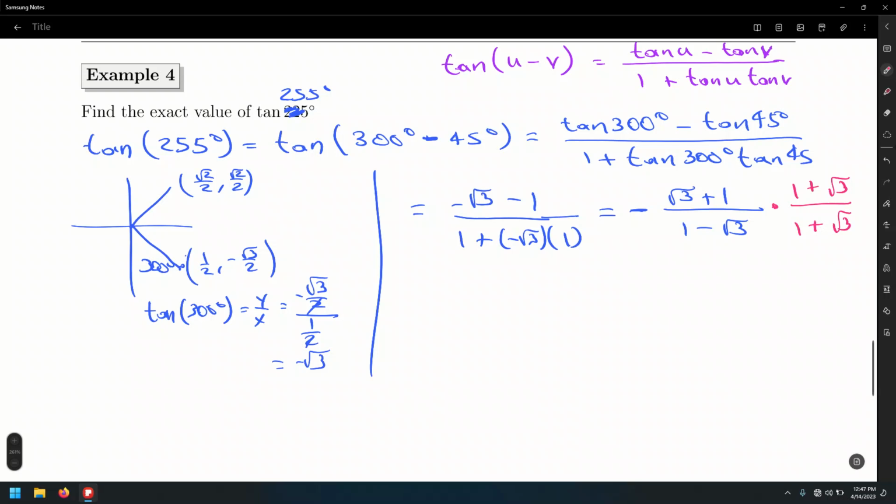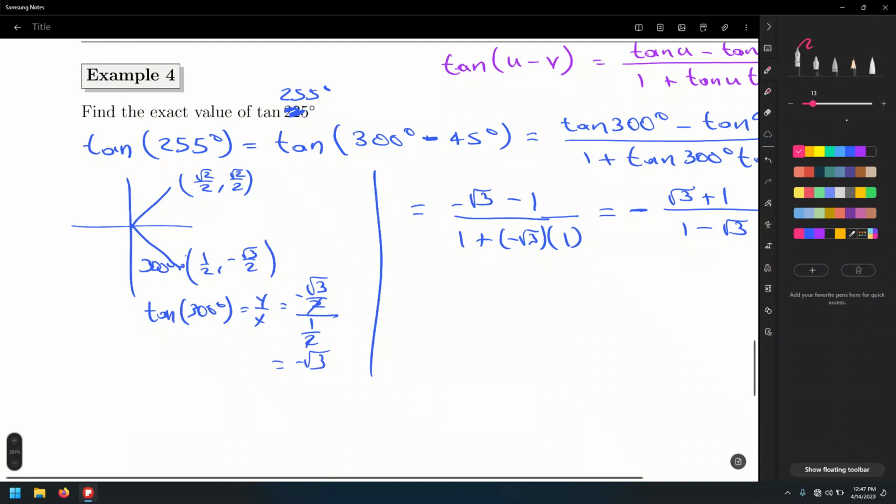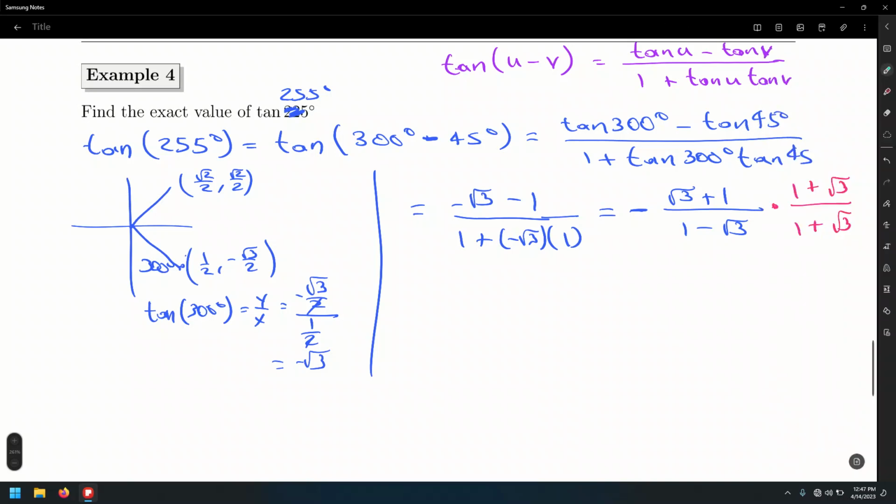That is a plus. So here is the thing. For the numerator we will have to FOIL these two. However, for the denominator you don't have to FOIL. Although if you want to FOIL, that's fine. Go ahead.